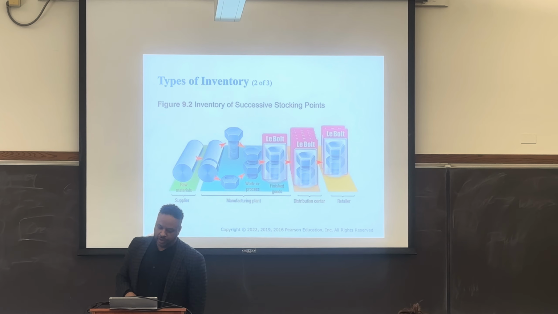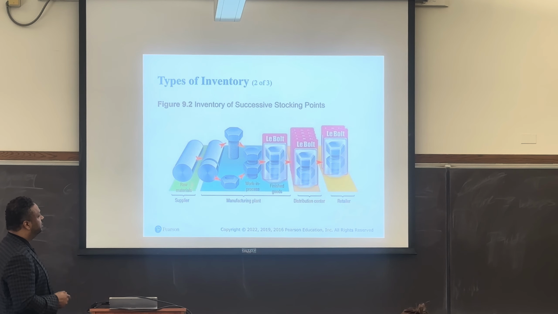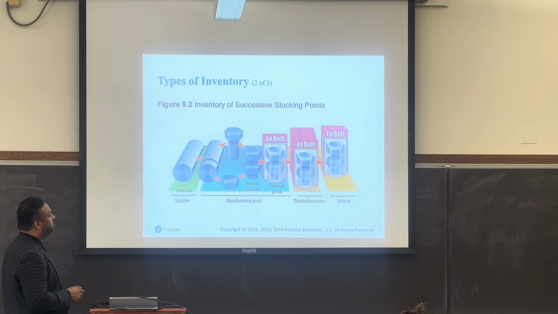So here's a diagram of inventory of successive stocking points. We say we start off here with our raw materials from our supplier. Right, we're looking here at bolts, right? So we start off with a sort of cylinder of metal. Right here we start to form the metal, skive it, do all sorts of things to create some sort of form.